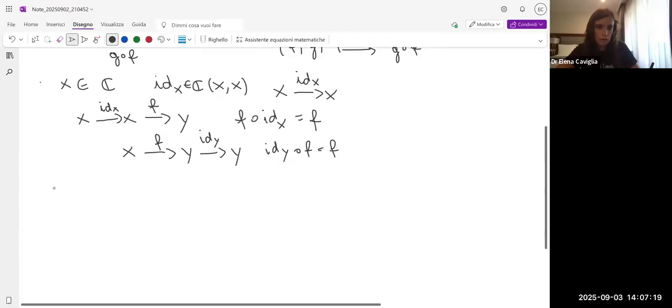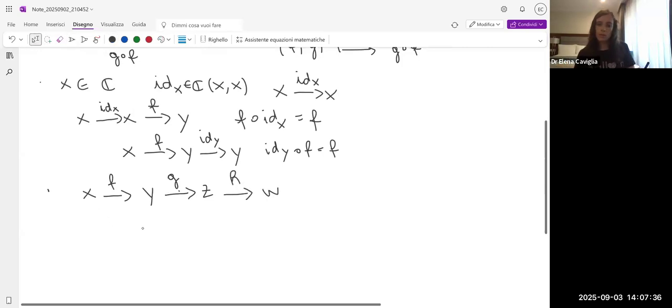So now if we have 3 arrows, we have F, we have G, and we have H. We can have 2 ways of composing these 3 arrows.